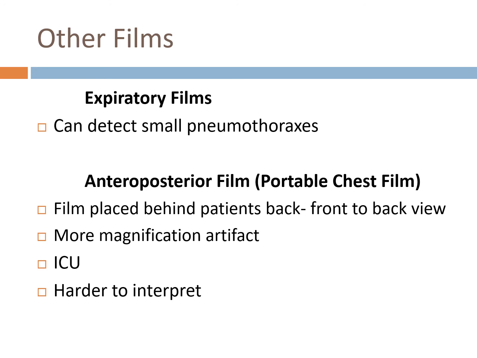But AP films are often used, mainly for line placement after intubation, line placement like central lines, NG tubes if there's a question as to whether it's really there, a quick look to see if they might have a pneumothorax, or if there's any other change in condition going on.